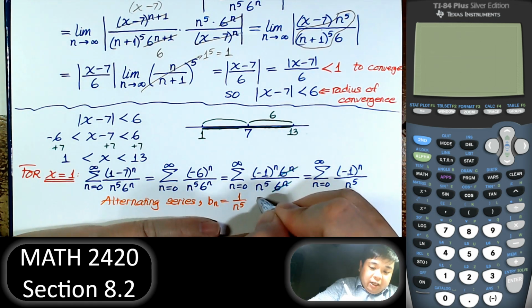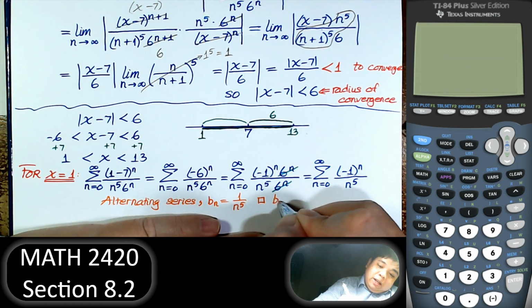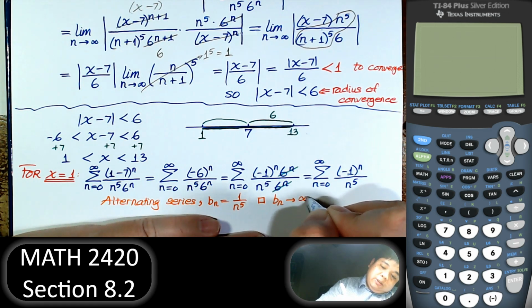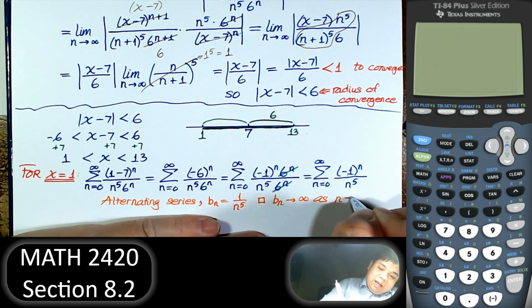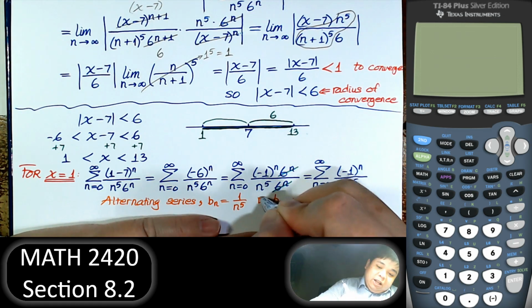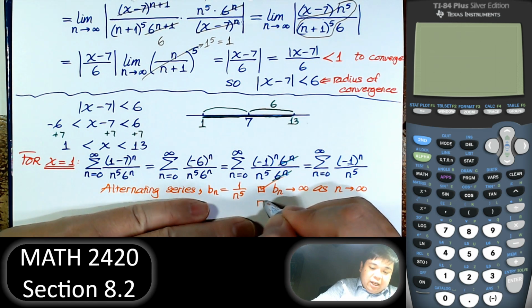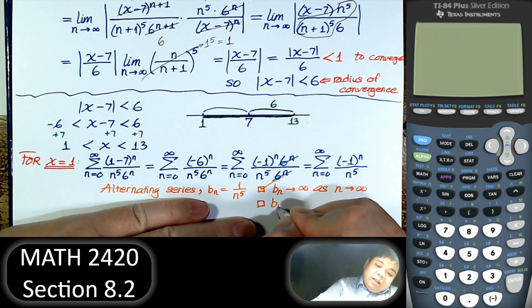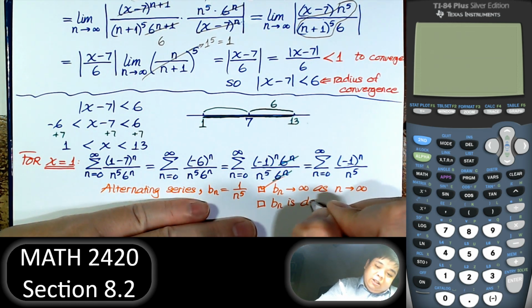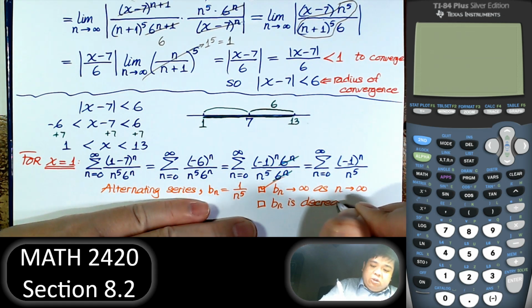First, b sub n goes to 0 as n goes to infinity, and that checks. Next, b sub n is decreasing, or non-increasing I should say.